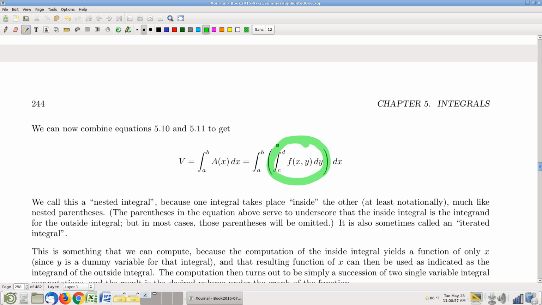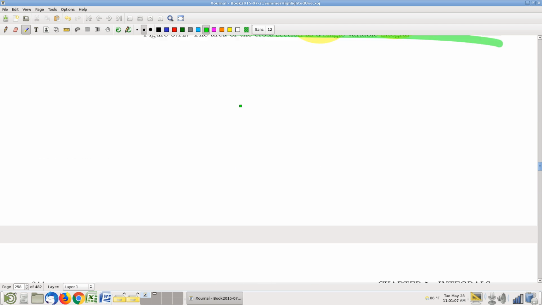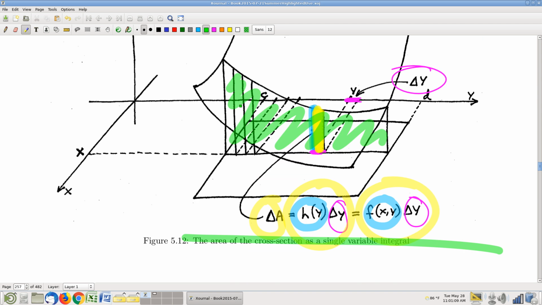Well, don't forget, the whole reason we wrote down that inside integral is because it computes cross-sectional area. So think of the inside integral as a computation of the area of this cross-section for a given value of x. Notice all of that cross-sectional area is for that given value of x.